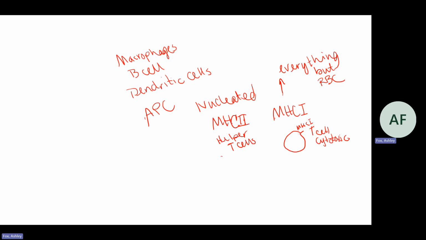So this is where helper T cells come in, and they also show MHC1 where cytotoxic T cells come in. So the antigen presenting cells have both. If it was just a skin cell, it's going to have MHC1. If it's just a liver cell, same thing, just MHC1.